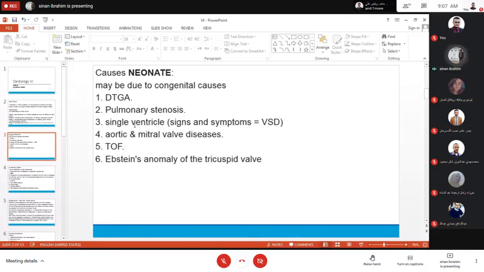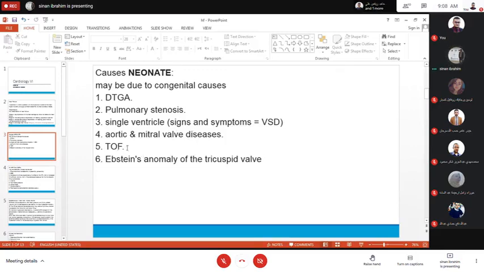But here, for your age, I want you to know that a single ventricle may develop heart failure in the neonatal period, in one of its types. Also, critical aortic stenosis and mitral valve disease may develop heart failure in the neonatal period.